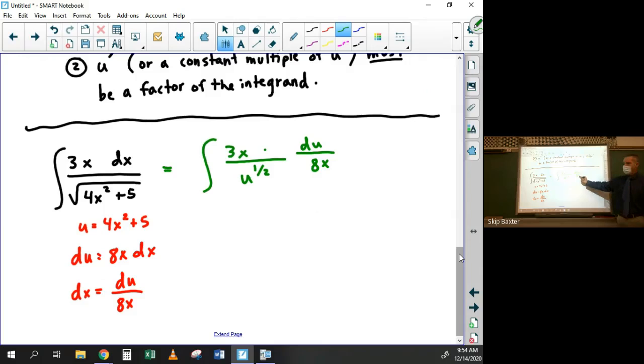And you can see what happens, that the 8x and the 3x can reduce to be 3/8. Everything that had an x in it canceled, which is what we wanted to happen. So now this is going to be 3/8 the integral of u to the -1/2 du.